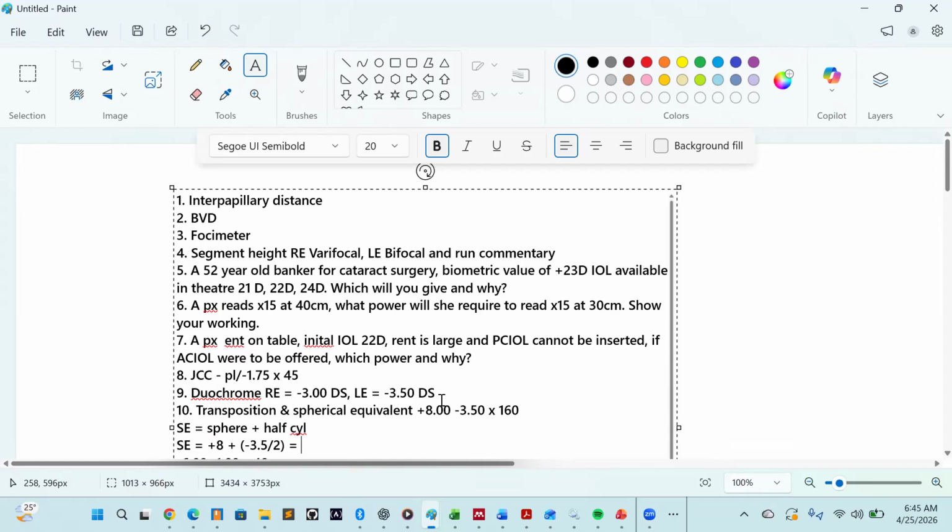That equals plus 8 minus 1.75, and so that will go to 6.25, yes.